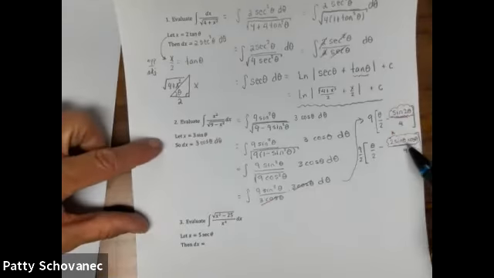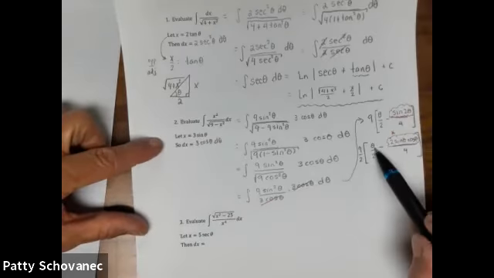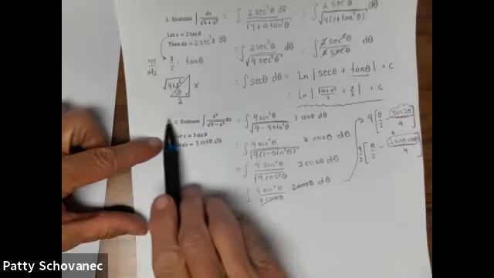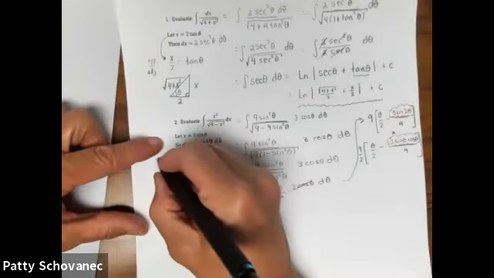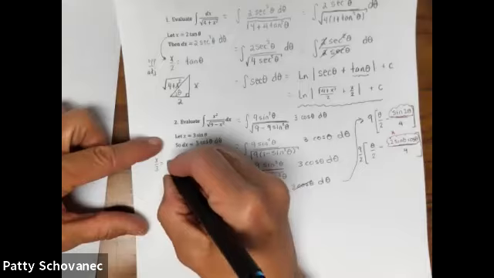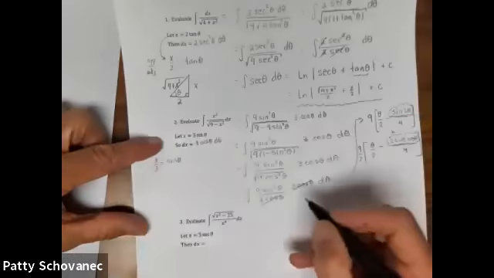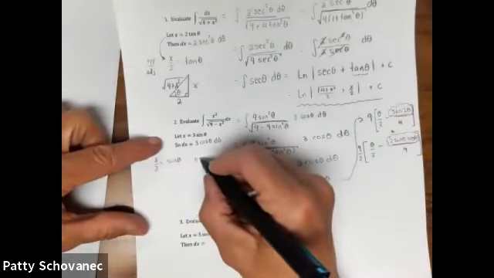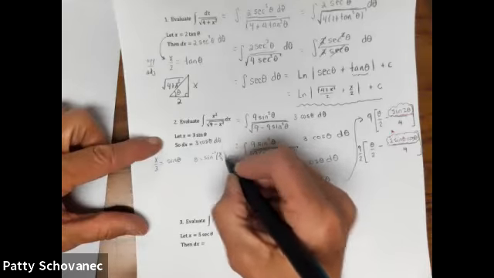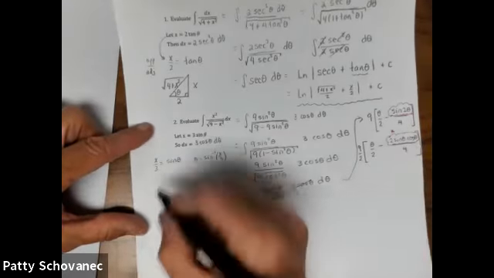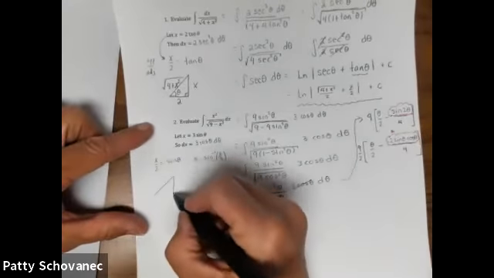Now we need substitutions for the sine of theta, the cosine of theta, and theta itself. And we get them from back here. The sine of theta is x over 3. That means theta itself is the inverse sine of x over 3. And now to get the cosine of theta, I'll draw my right triangle.